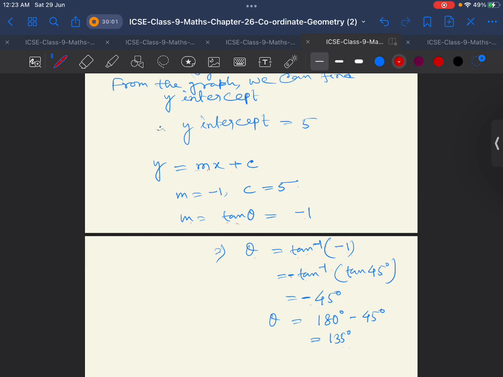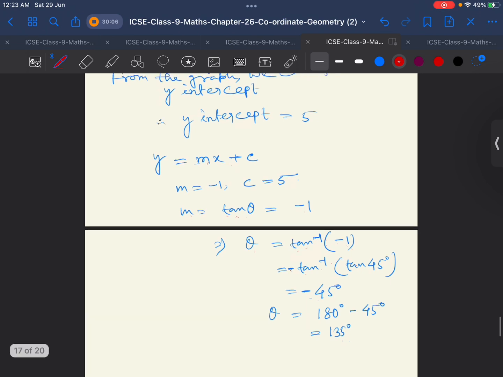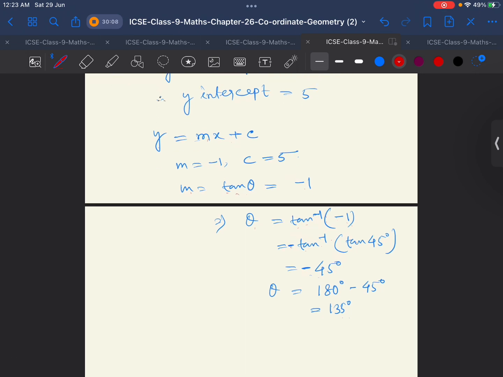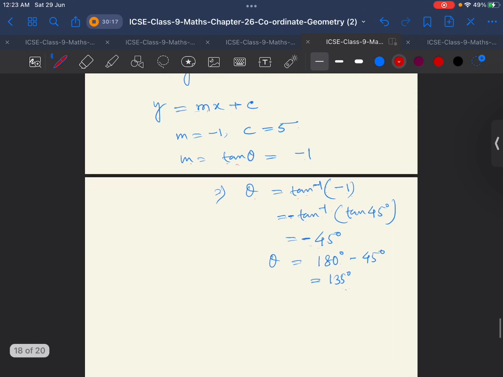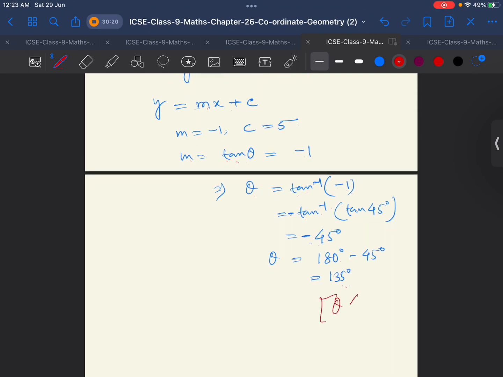So tan inverse and tan vanish. Then here we have minus 45 degrees. So theta equals 180 minus 45 degrees equals 135 degrees, because theta always belongs from 0 to 180 degrees.